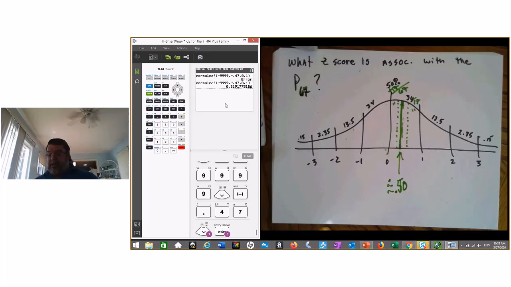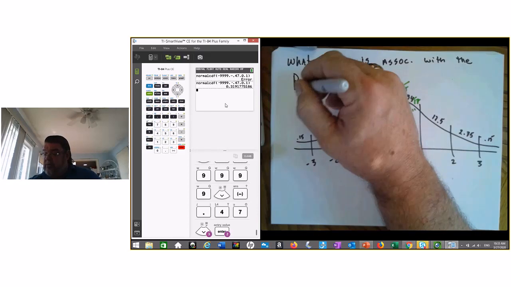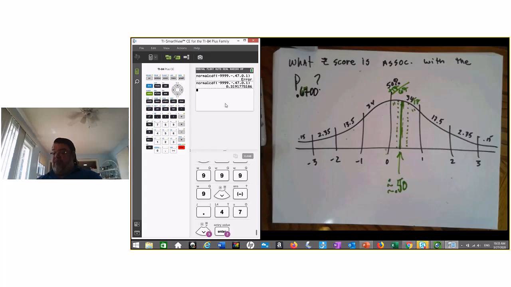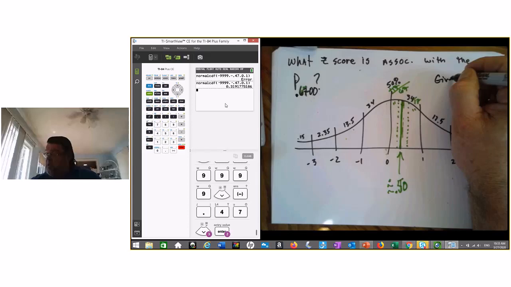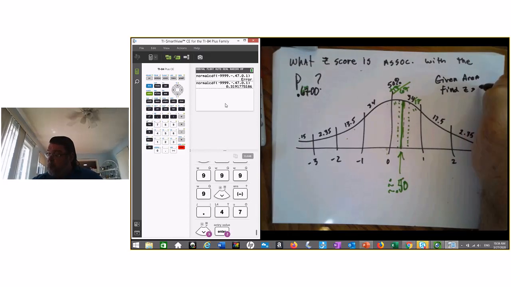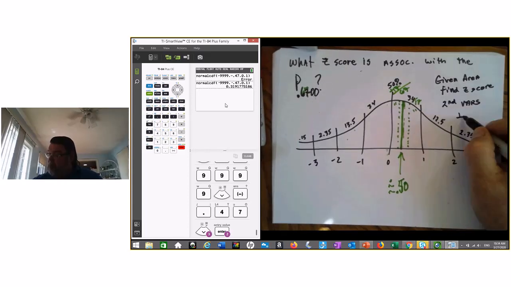Now, how do you do this one? Now, I don't think I showed y'all this the other day, but if I did, then good. When you are given an area and you want to find the z-score, second, vars, inverse norm.